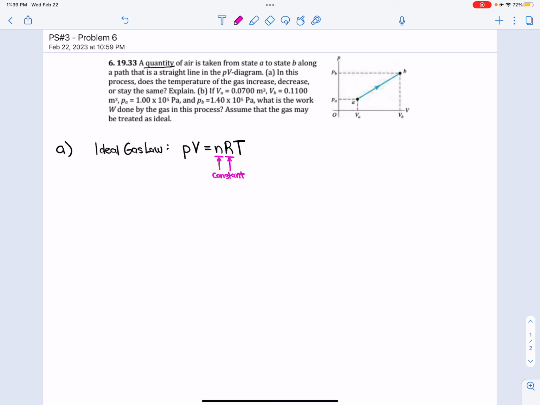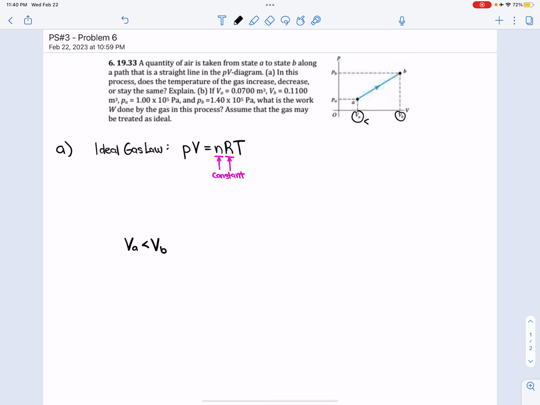So, if we look at the PV diagram that's given, we see that we have a value for volume at state A and a volume at state B, right? And it's obvious that the volume at state A is less than the volume at state B, right?